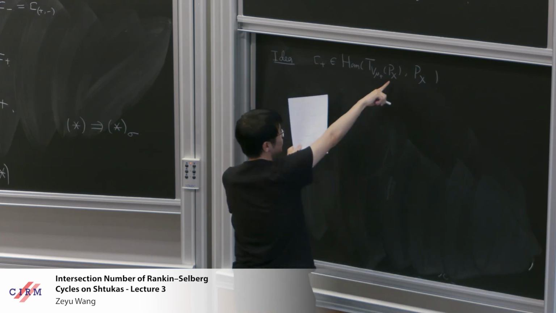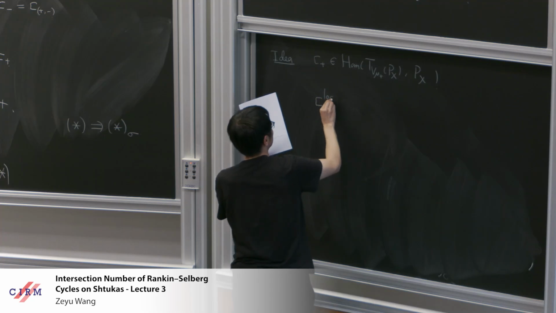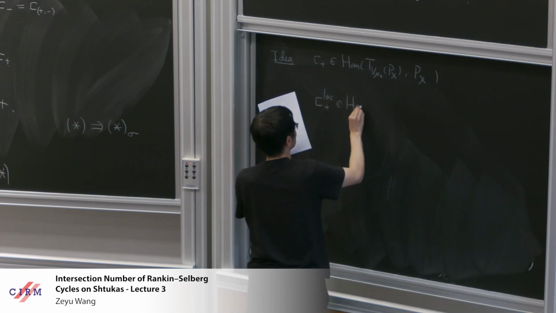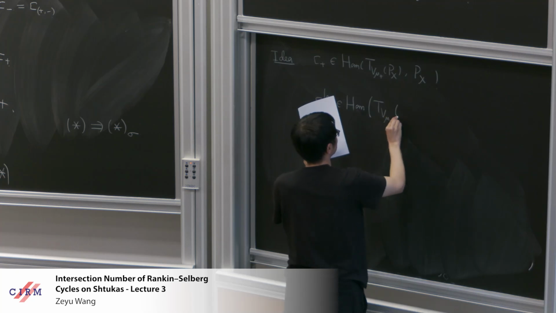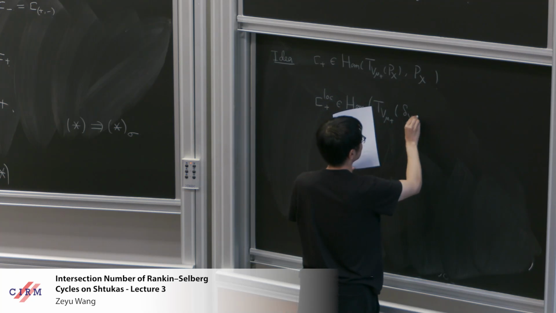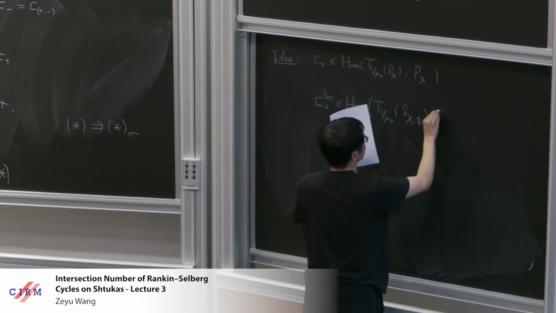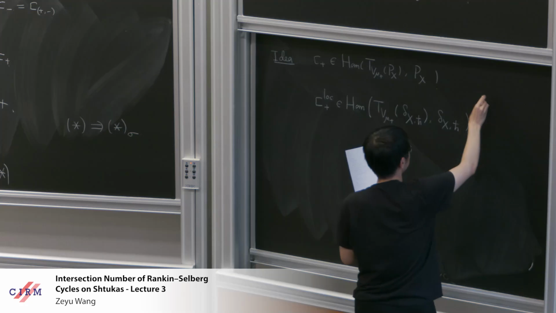But there's a local counterpart of this. I claim that there exists some local cohomological correspondence, from some element called delta x in BZSB's paper.